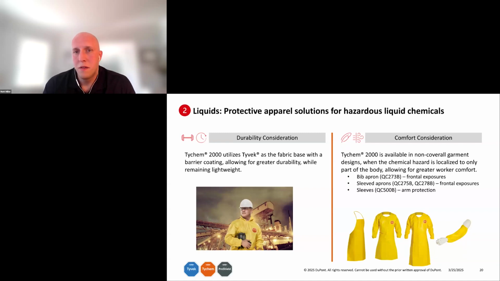This is where that comfort consideration comes into play with these kinds of suits, because we're not going to advertise these suits as breathable, because they've got barrier fabric. We want to protect them first and foremost. But with that being said, we've got options out there that can help in certain situations to help the worker be a little bit more comfortable in those settings.